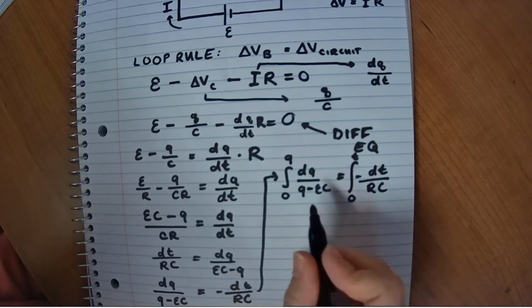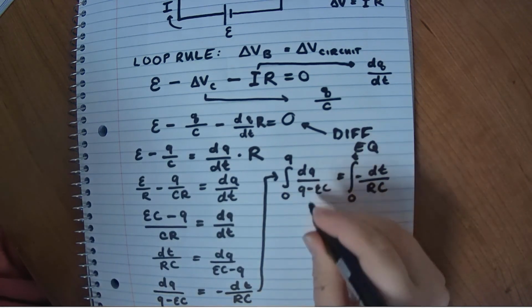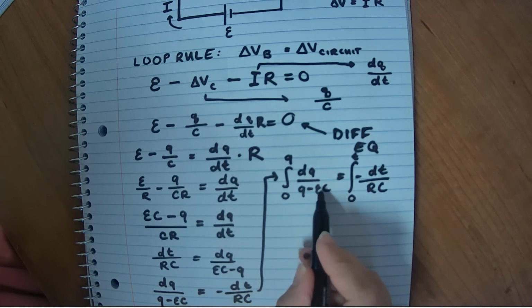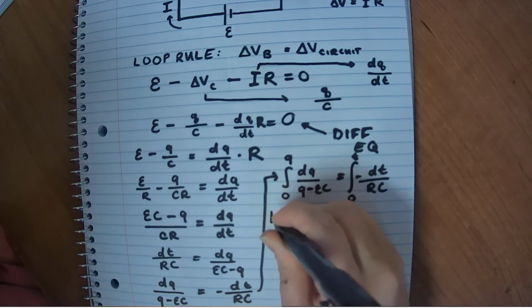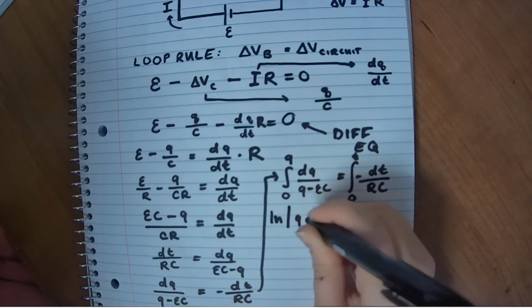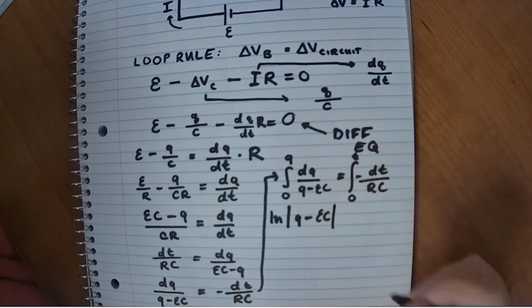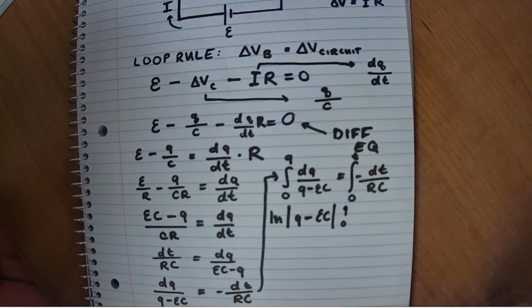So we can integrate this side. When we take the integral of 1 over q minus EMF C, it is the natural log of the absolute value of q minus EMF C, from 0 to q.